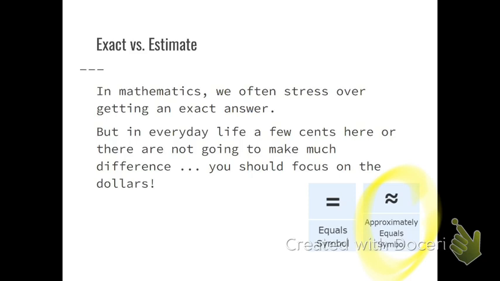We actually did that in the warm-up, where we looked at the square root of 5 and used the approximation symbol to say it wasn't exactly 2.2, but we were rounding off a little bit. So we'll use that symbol to show that our answer is not exact, but hopefully it's close enough to give an idea of what the approximate answer would be.